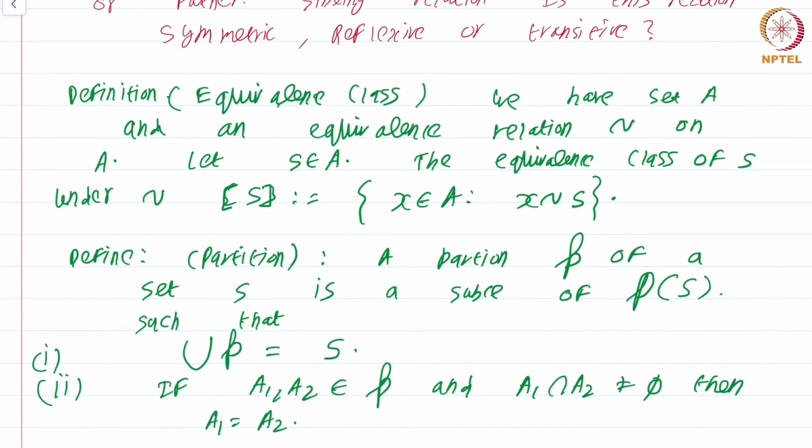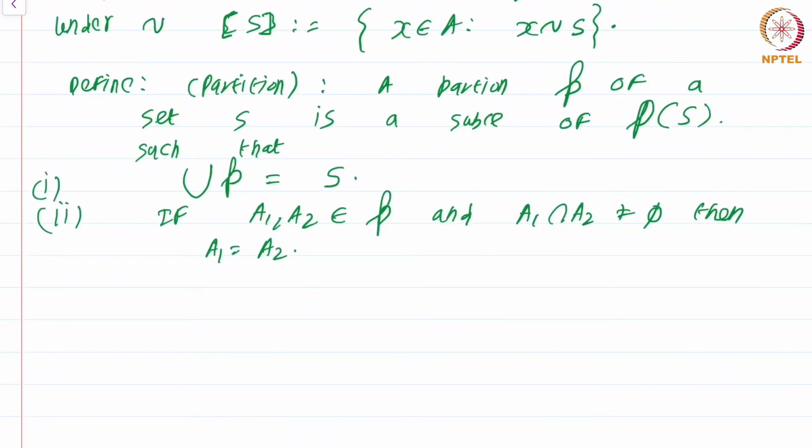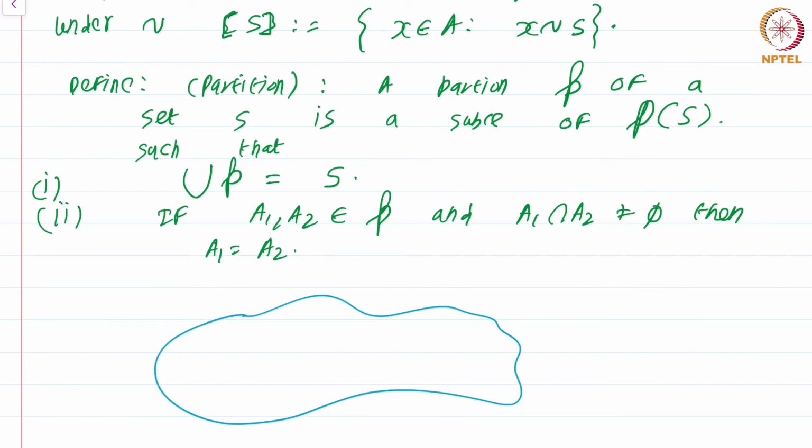So it's a very intuitive thing. We can draw a picture for the partition. Suppose you have a set like this, some set. A partition is something that looks like this. Each constituent part is supposed to be one of the elements of the partition.